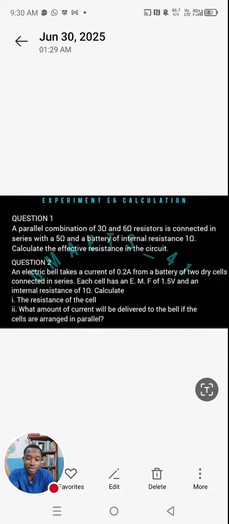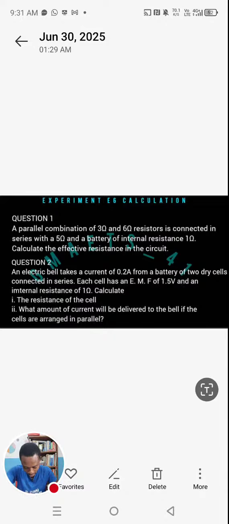So what will you do? You have to solve for the parallel combination of the resistors. Because when the two cells are in parallel, you have something like this. Let me show you. I hope you can see that from here.